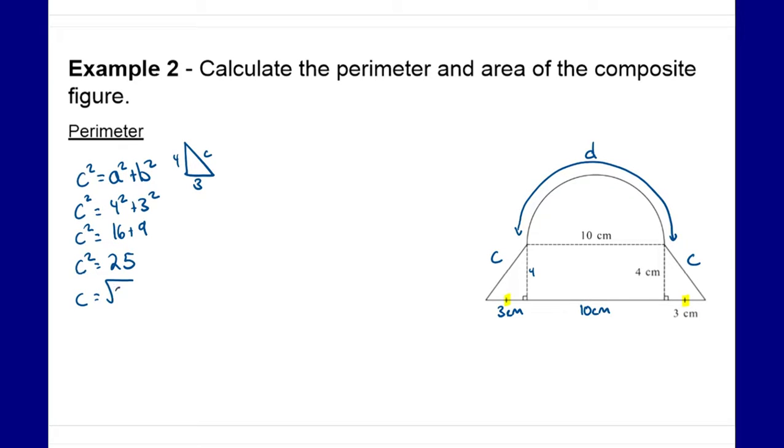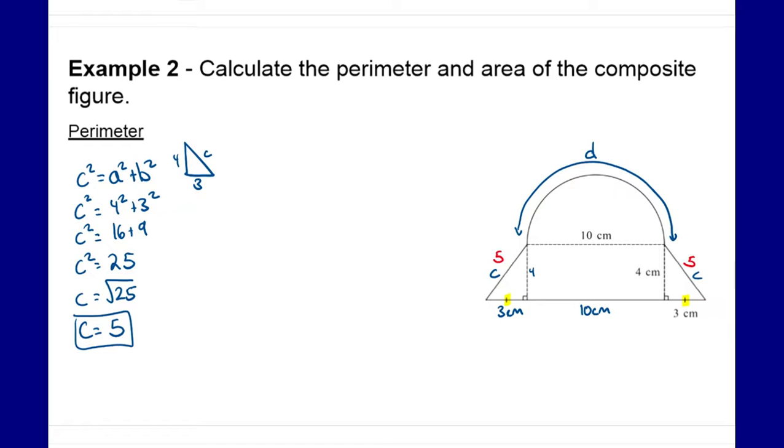So C equals the square root of 25, which is 5. So that tells us now that these measurements are 5. I'll put a C there just so if you're looking back at the final note, you know what we're referring to. So those two lengths are 5.